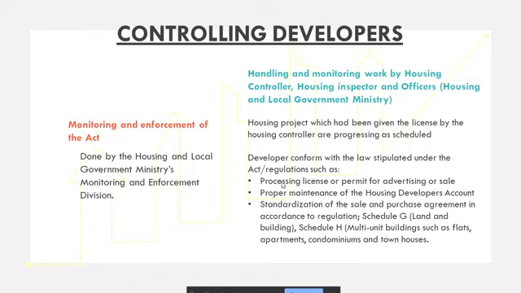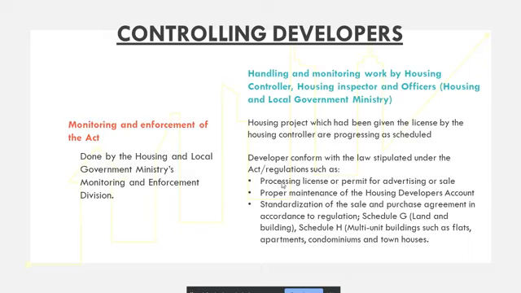So the monitoring and enforcement of this act are done by the Housing and Local Government Ministry Monitoring and Enforcement Division. So ada division dia lah yang akan monitor segala projek menurut pada akta tersebut, akta 118 ni lah. It monitors the housing development by the given license by housing controller as scheduled.